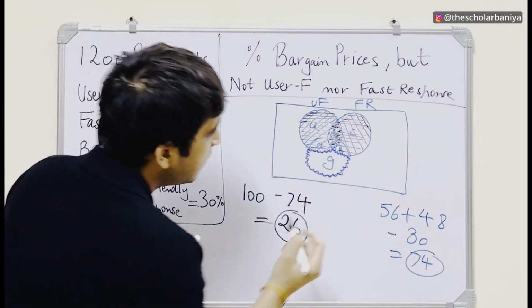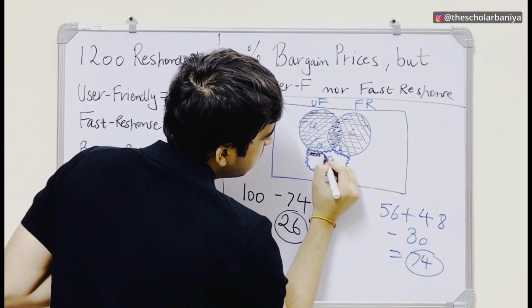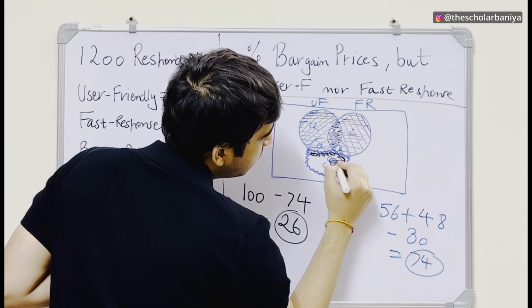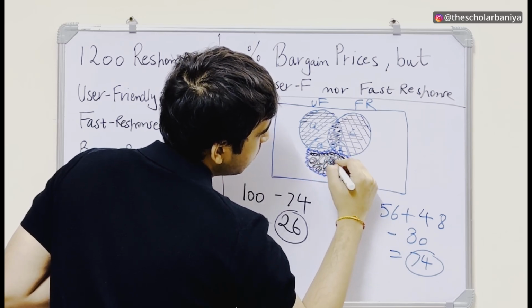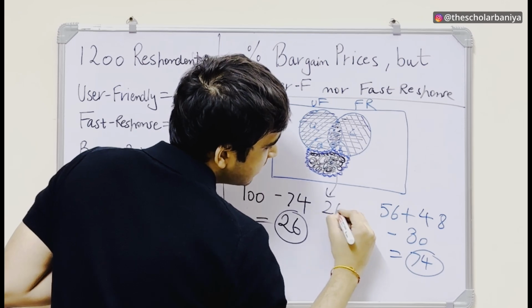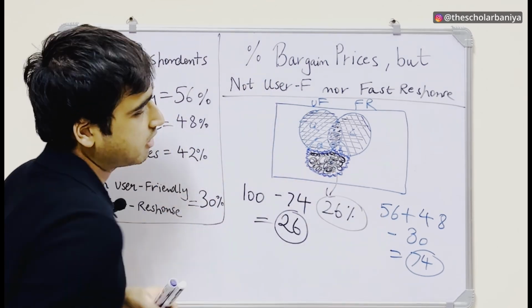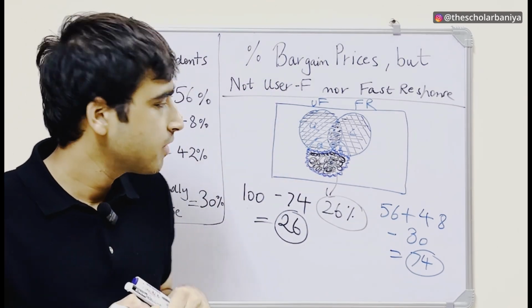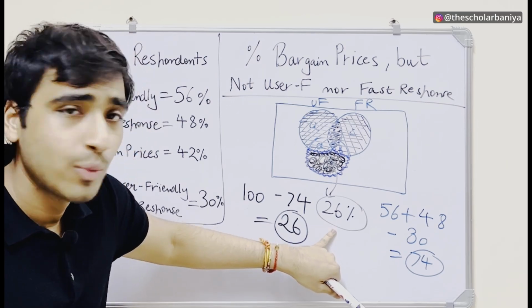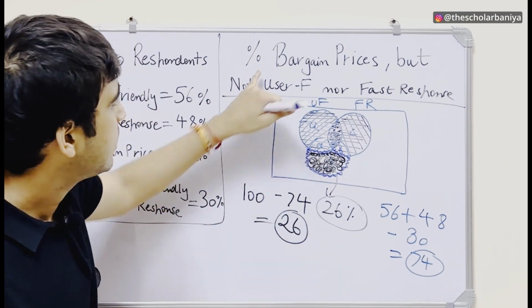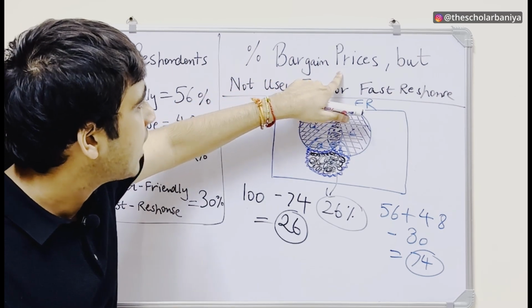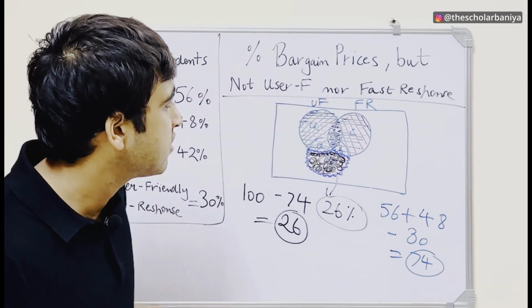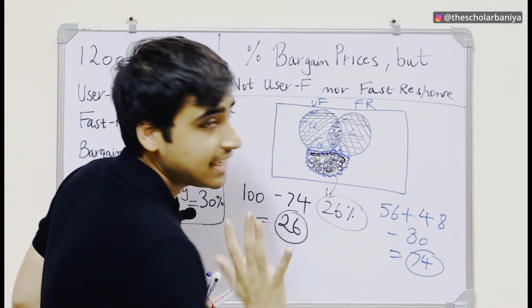That means the area of this part is 26%. So that is the answer: the bargain price, but not user friendly and not fast response, is this area, which is 26%.